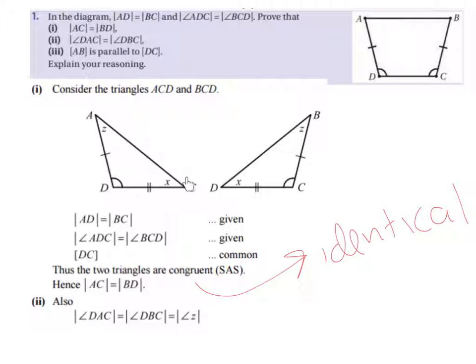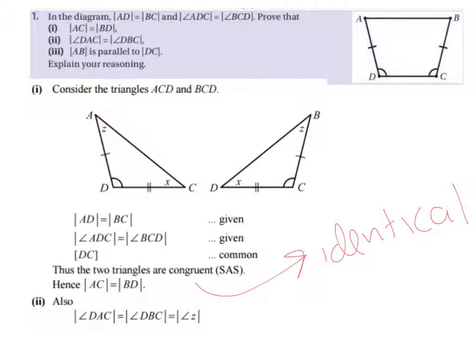So these two triangles are congruent. It means they're identical. The three angles are the same and the three sides are the same. And we know this because of SAS. SAS stands for side, included angle, side. So we have a side, an included or in-between angle, and a side. That's all the information we need.